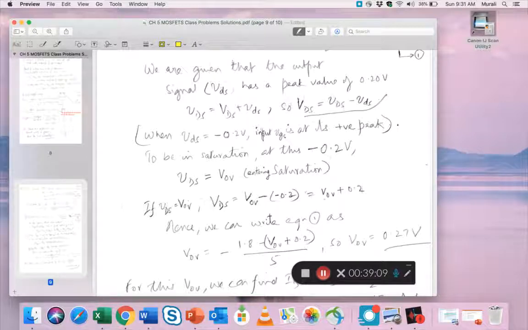We've always said that at the start of the saturation region, the drain-to-source voltage will equal the overdrive voltage. So that is exactly what I've used here.